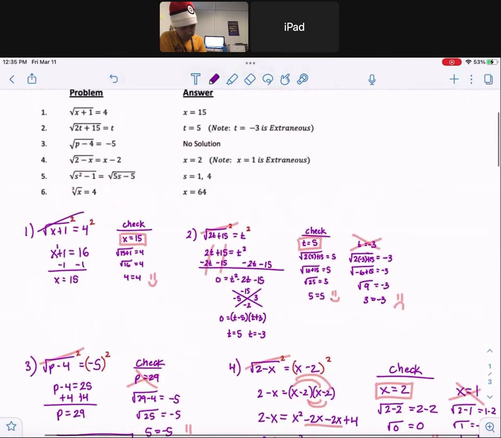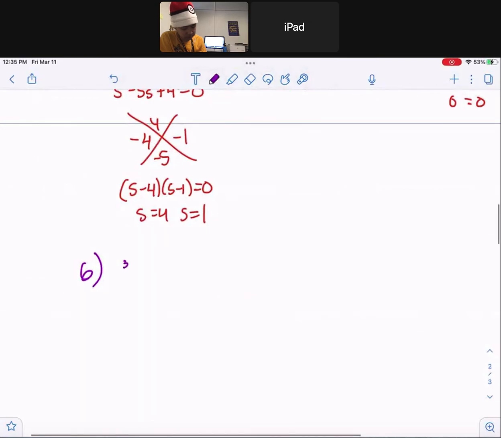Number 6. So we got the cube root of x equals 4. Now, the radical is isolated, first of all, and the index, you guys, it's 3. So we're going to raise both sides to the third power.